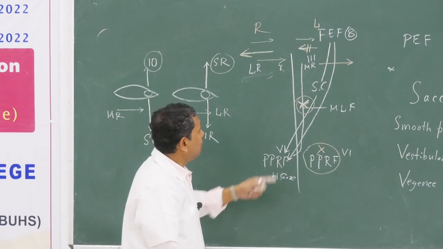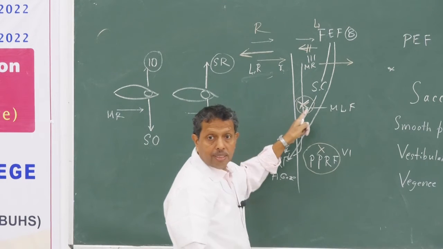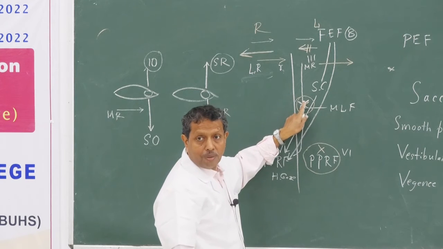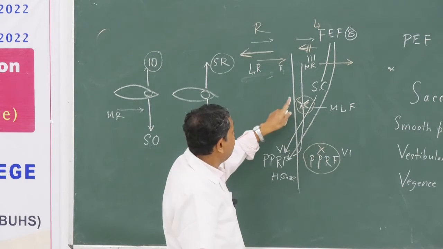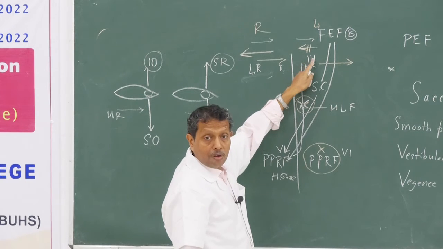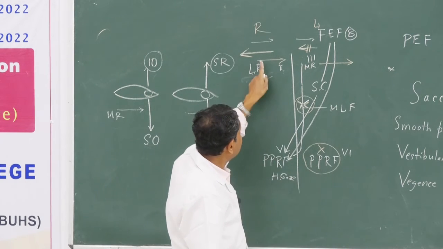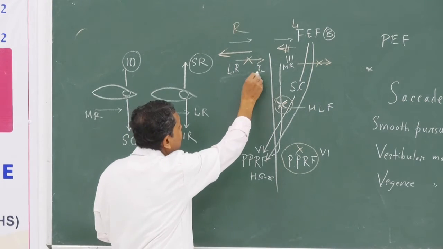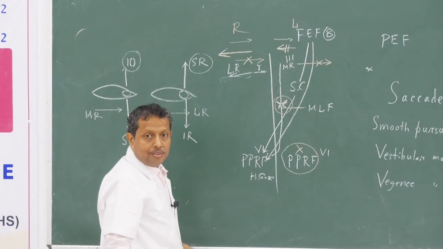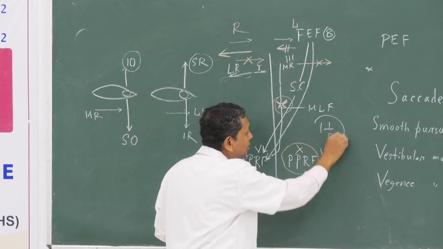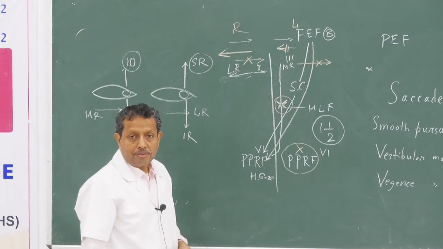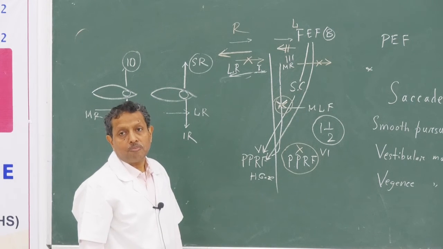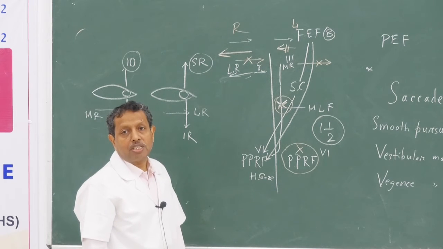Due to lesion of this, the movement is gone, adduction is gone, and due to lesion of this, these movements are gone. The only movement that remains is this. So one and a half movements are gone. Only the abductor movement of one side remains. This is the one-and-a-half syndrome, and it is important in multiple sclerosis.